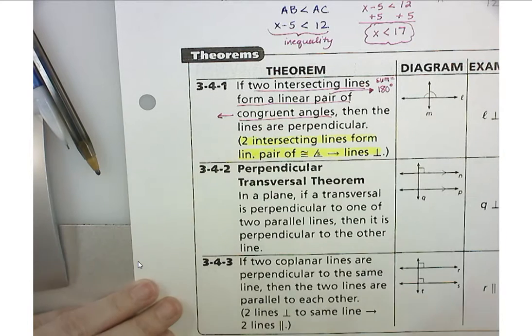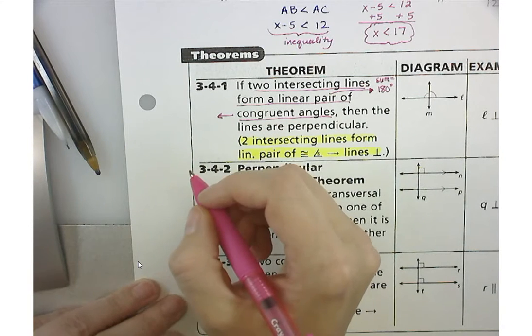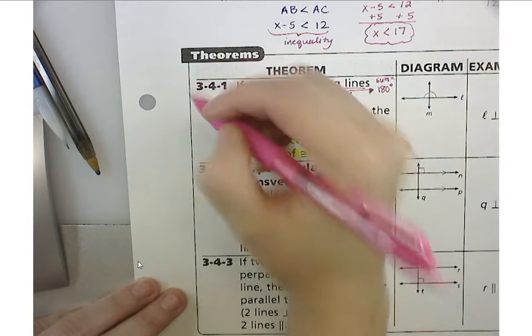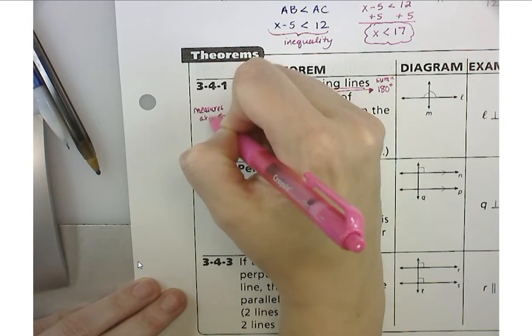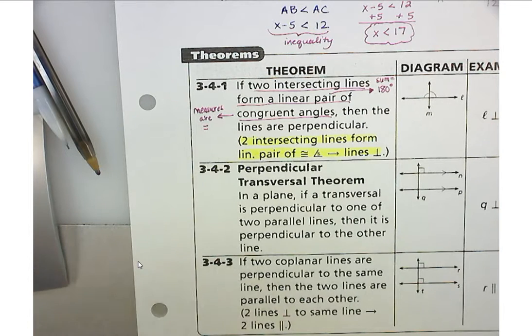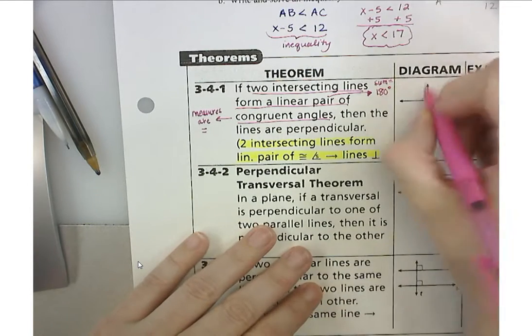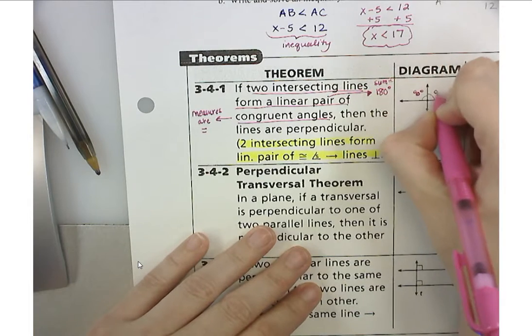Why? So step before that. Well, what do the two angles have to be? Yeah, right? Because if their measures are equal and together their sum is 180, we know that both angles have to be 90 degrees, right? Okay, so that means this has to be 90 degrees and this has to be 90 degrees.